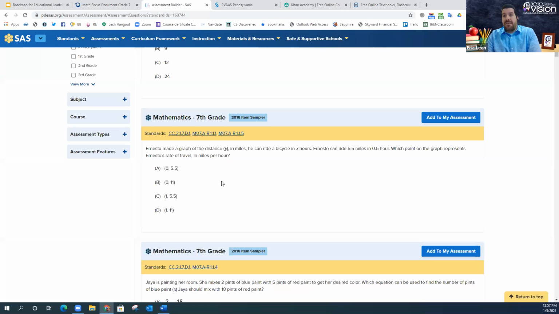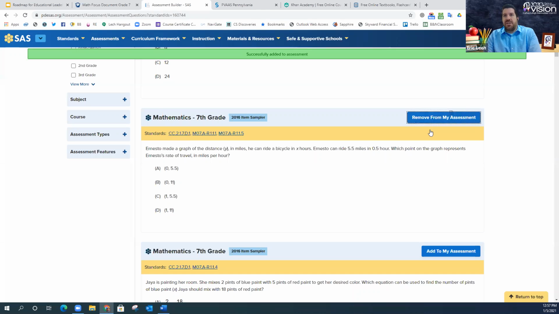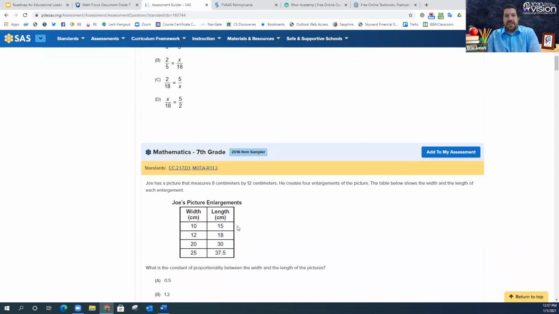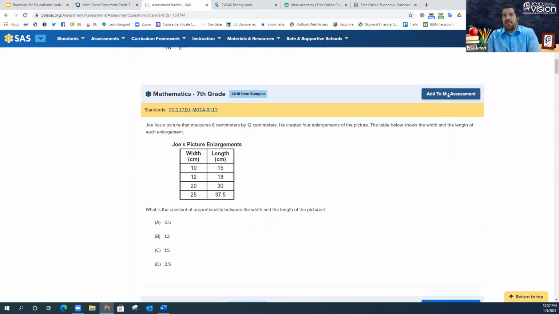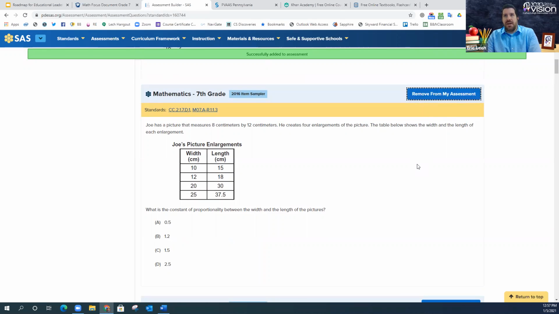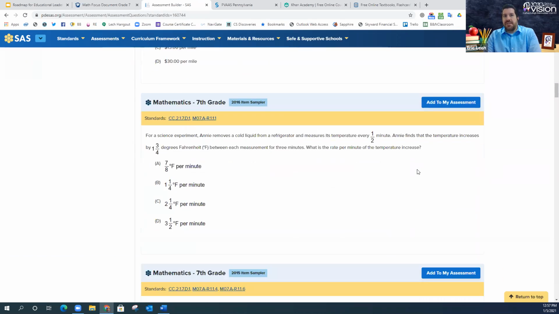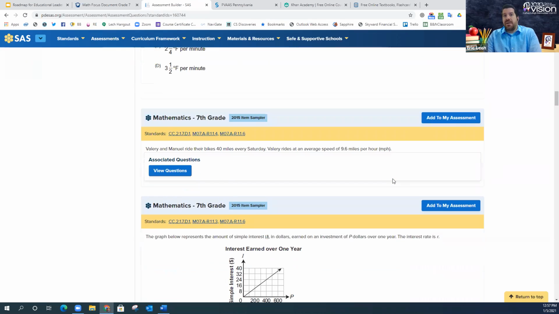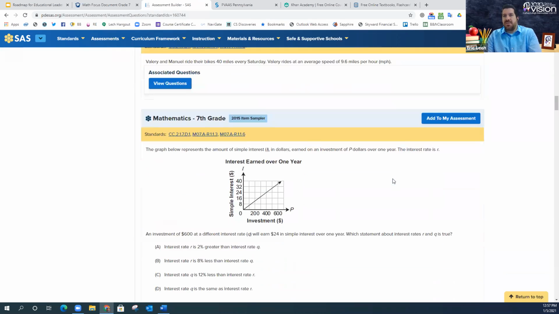Another one about graphing in relationship to ratio and proportion. I see one here with a table. So I might add that one as well. And I can continue going through and selecting different questions. And I want to be cognizant of the number, because we might want to make this a quick check for understanding to make sure that we know what our students already know.